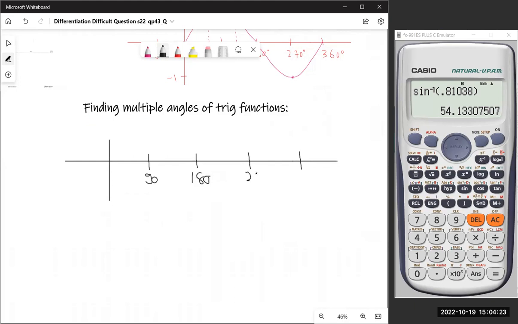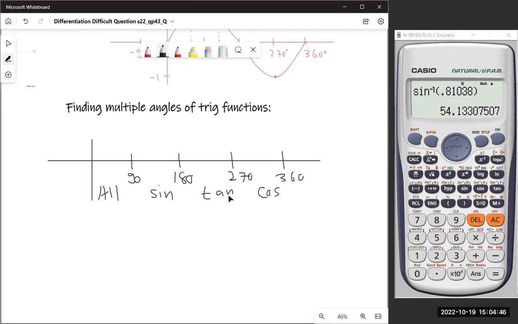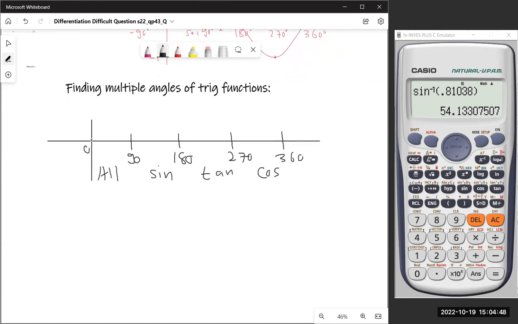Make this table and write these values, a proper table like what I'm doing on the board. Arrange like this: all, sine, tan, cos. Write this one. Tell me when you're done.